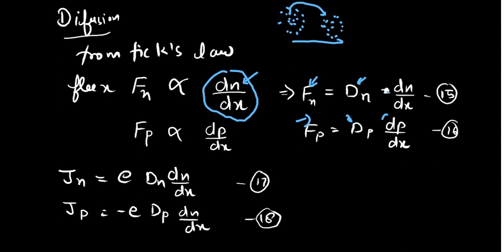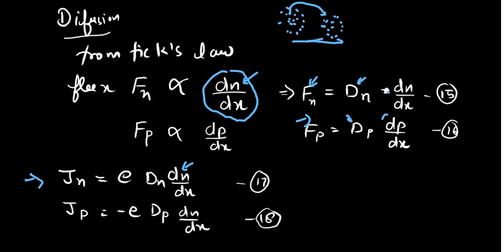The current density in this scenario will be Jn equal to e Dn into dn by dx, and Jp equal to e, that is the charge, Dp into dp by dx. The concentration gradient is opposite to the direction of the flow. Where the density is maximum, the flow will be away from it.